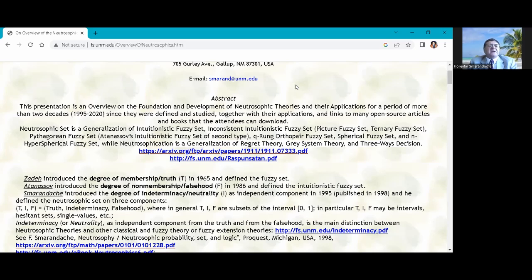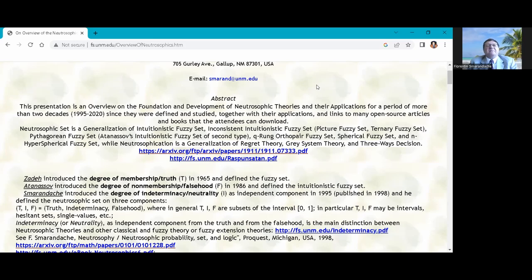So Neutrosophic set is a generalization of fuzzy set, intuitionistic fuzzy set, picture fuzzy set, ternary fuzzy set, Pythagorean fuzzy set, Q-rung orthopair fuzzy set, spherical fuzzy set, and hyperspherical fuzzy set, and many others.